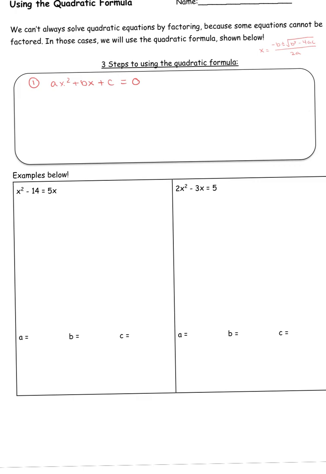The second step is you want to identify a, b, and c, because as you can see, we're just going to be plugging them in. Once we identify our a, b, and c, we're just going back to the beginning of the year of evaluating an expression. And then, of course, 3, we are going to simplify.